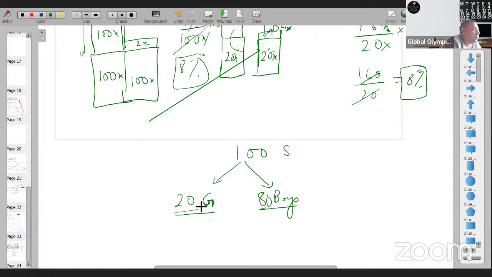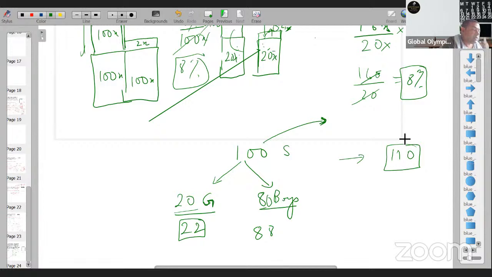Let's say the boys also increase by 5% or 10%. Boys increase by 10% means now the students will be 108. If the girls had also increased by 10%, then sorry, boys will become 88 and the girls would have become 22. Correct. So the total will be 110, right?